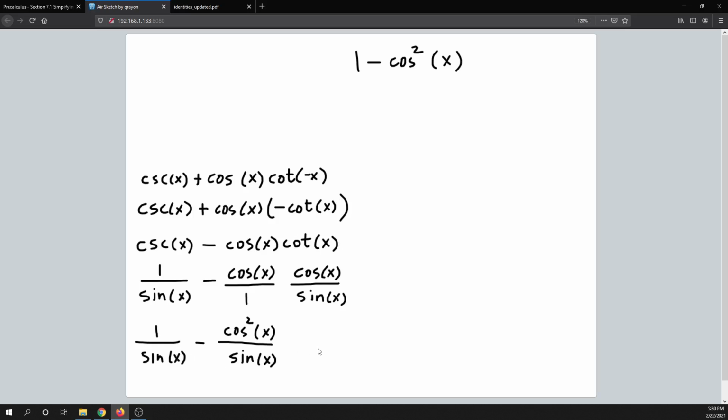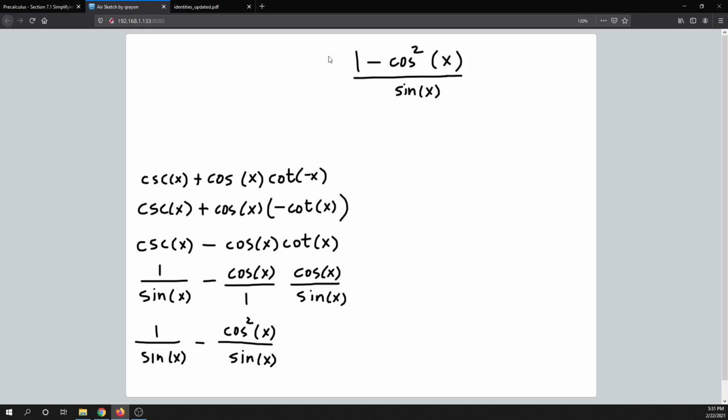And on the bottom, that'll just be sine x. Like so, okay? All right, so that is simpler, right? Now I have it as one big fraction, okay? Sine x, again, that's as simple as it's going to get. There's nothing I can really do there.